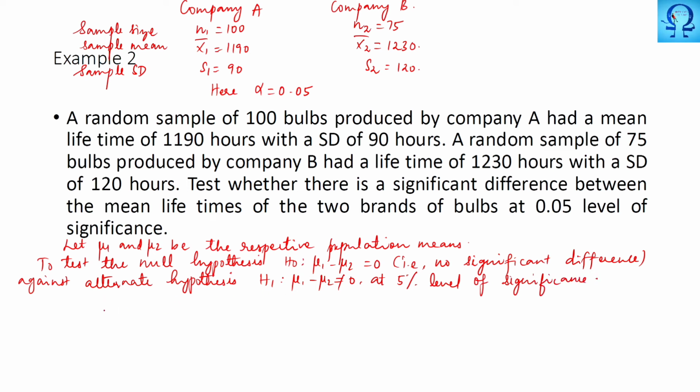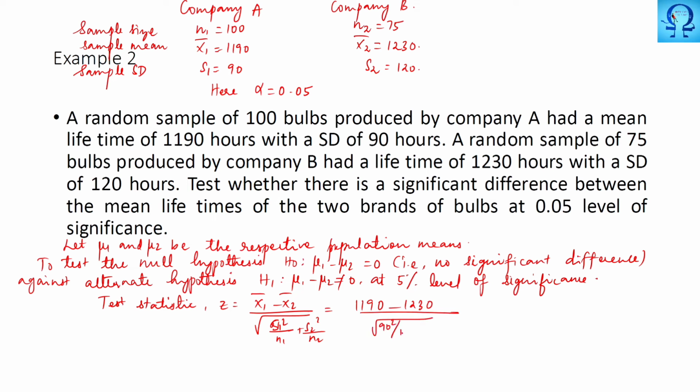Moving further, here test statistic is what? Z is x1 bar minus x2 bar divided by under root s1 square upon n1 plus s2 square upon n2, isn't it? If we substitute the values, it is 1190 minus 1230 divided by under root 90 square upon 100 plus 120 square upon 75, which is minus 2.4209.